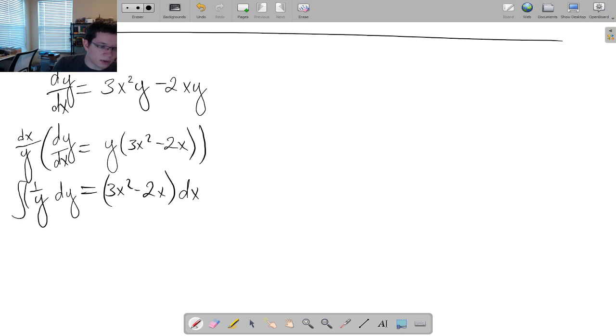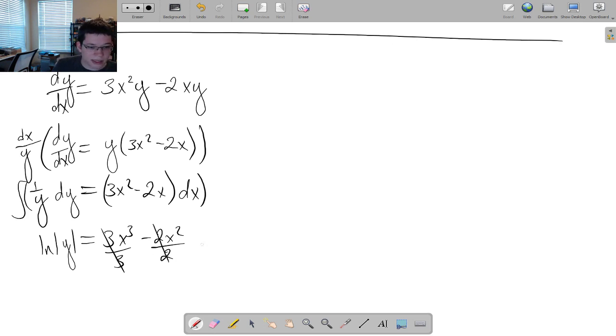And then we do our integration again. So we have the natural log of y equals 3x squared becomes x cubed divided by 3, so our 3's will cancel, minus 2x squared over 2.